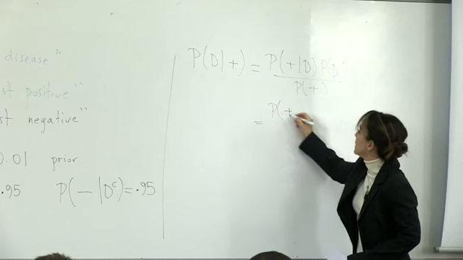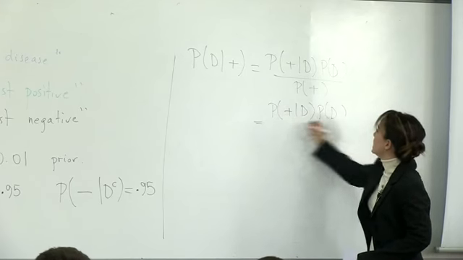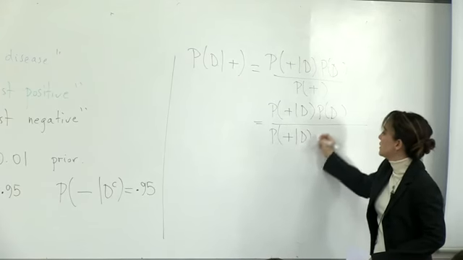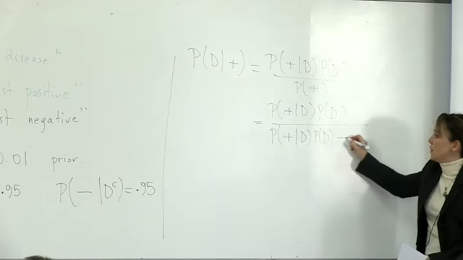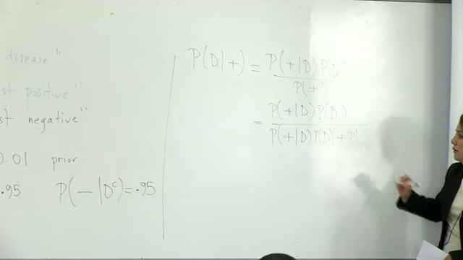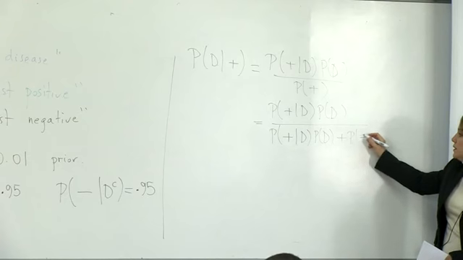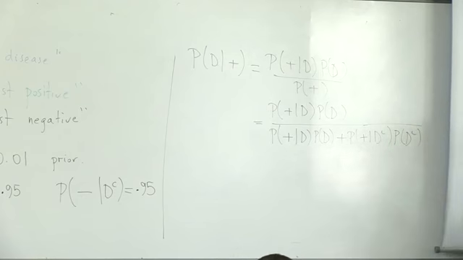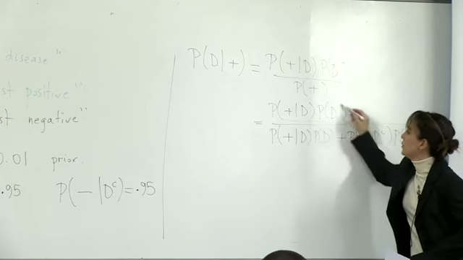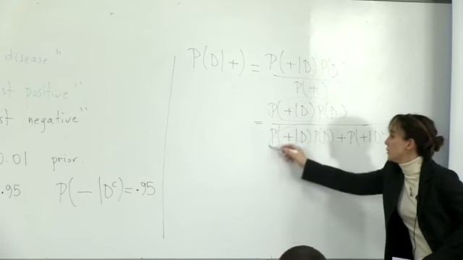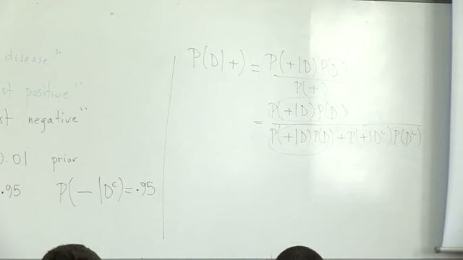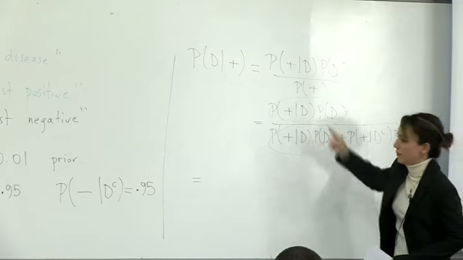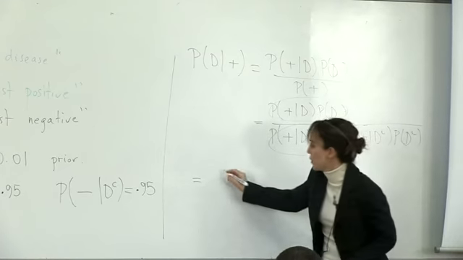So let's expand the denominator as probability of positive given D times probability of D plus probability of positive given D complement times the probability of D complement. Great. So you notice that we have this term appearing in the numerator and in part of the denominator.